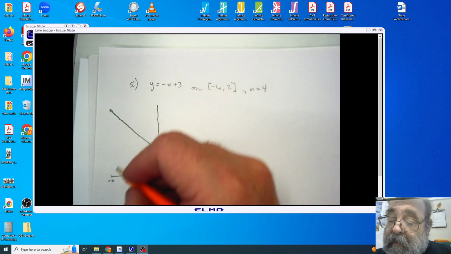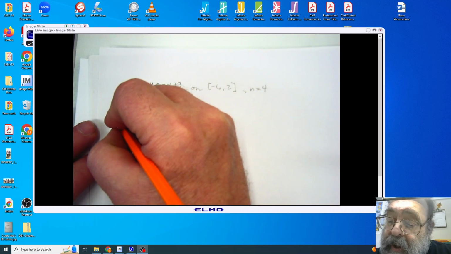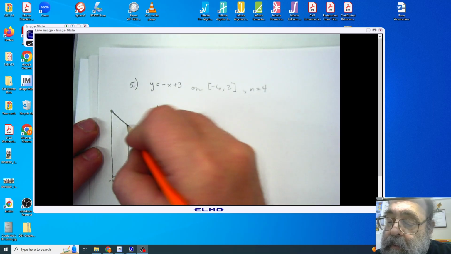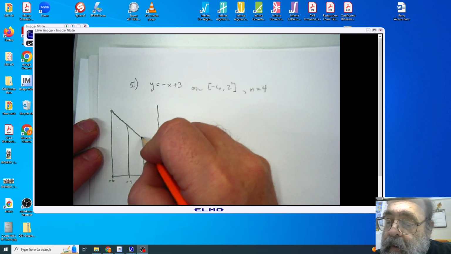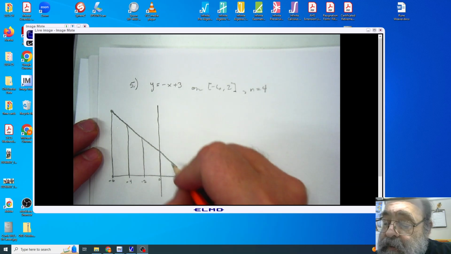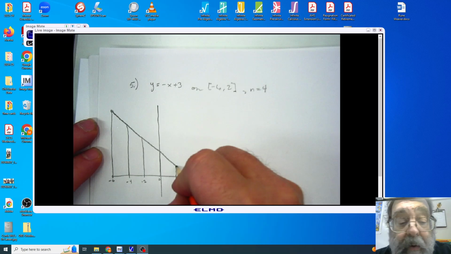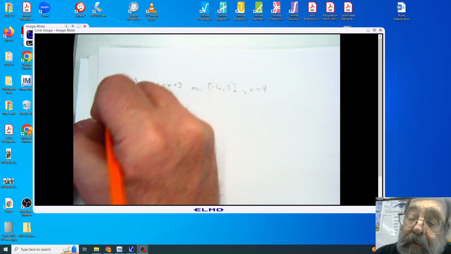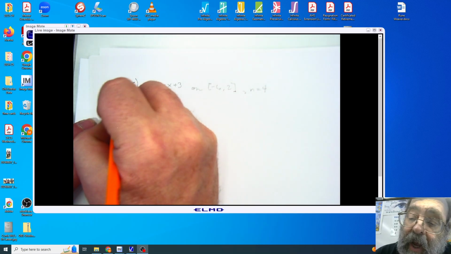We're just going to put our vertical lines in at each of these points. Going to have to find those heights, and the only ones I know right now are 2, 1 and negative 6, 9.